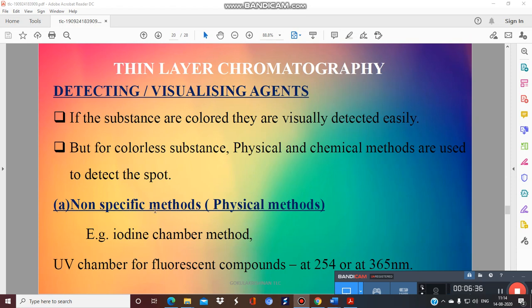Here it is not given. In the destructive method you use a sulfuric acid reagent. There are different types of reagents for different plant metabolites. In phytochemistry, we have different spraying reagents for different metabolites, like spray reagents for alkaloids are different from those for flavonoids. So we use different visualizing or detecting agents to observe our TLC plate.